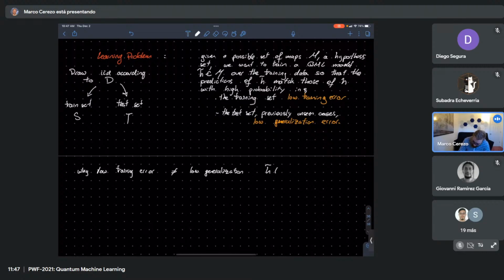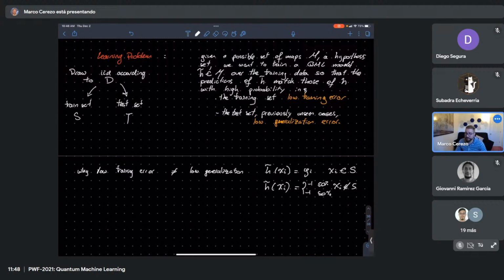So whenever I feed it a data point xi that was in the training set, it's just going to give me the correct label. And if I feed it a xi that is not in the training set, then I just give label -1 or 1, 50% of the time each. So it randomly guesses what the label is.